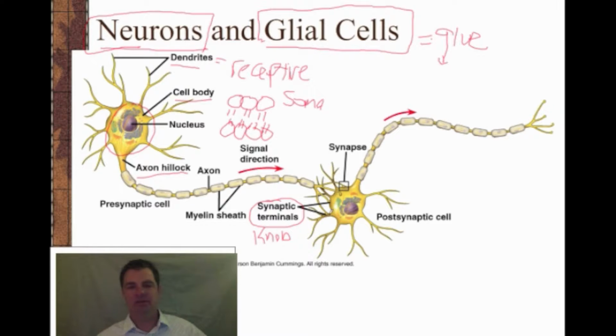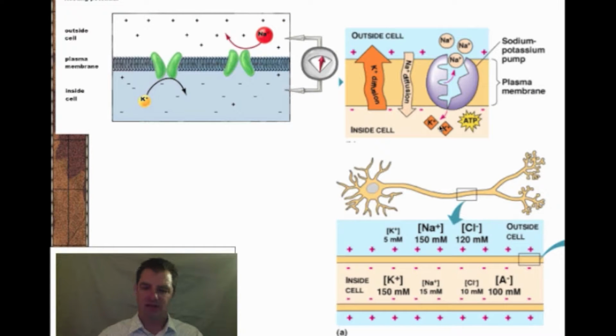And then what will happen is that one neuron will either meet another neuron or a gland or a muscle, and where those two meet, that little interaction area is called a synapse, where the two come together. So in this case, you actually see two different neurons here, and we'll talk about that a little more also.